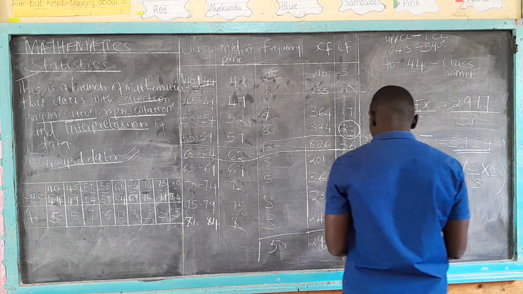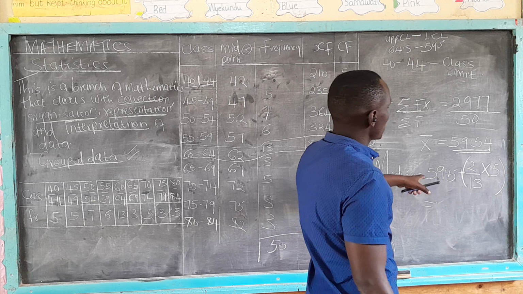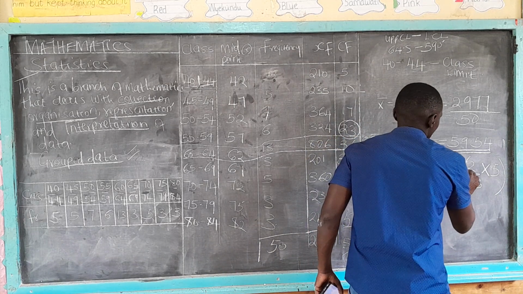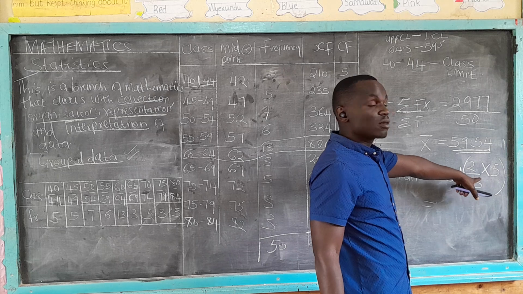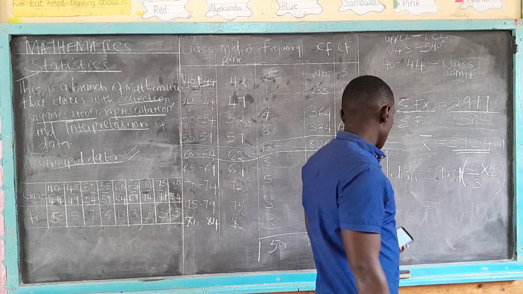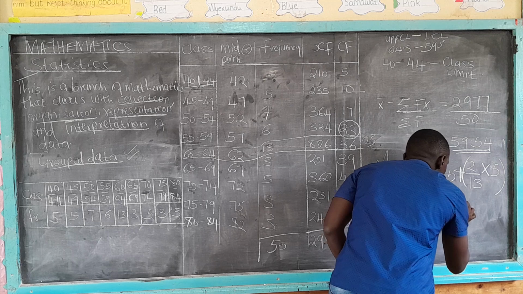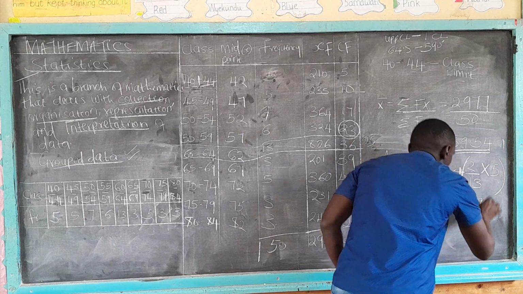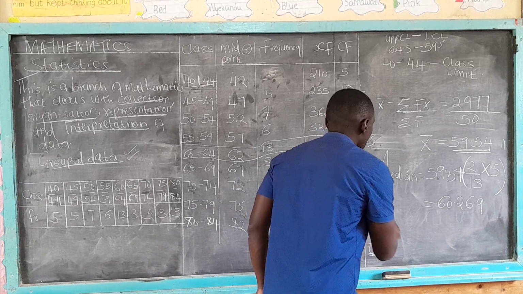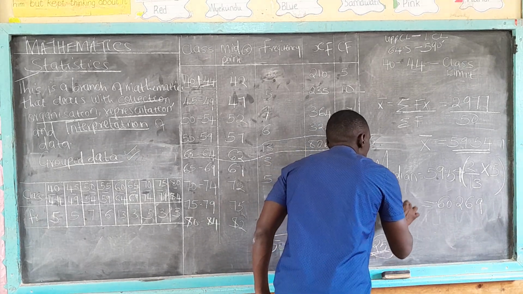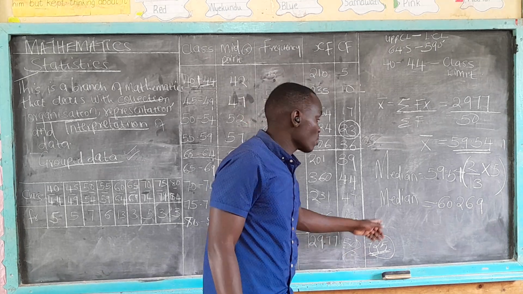Now, when you work this out, you take 59.5 and add 2 over 13 multiplied by 5, and you realize that the value is 60.269. This one is your median.